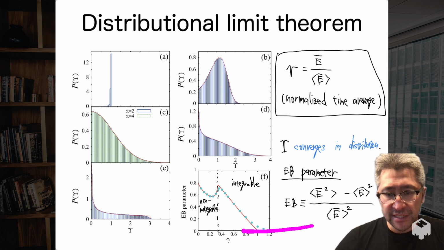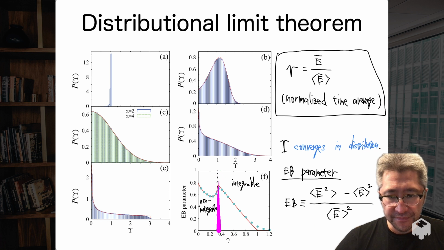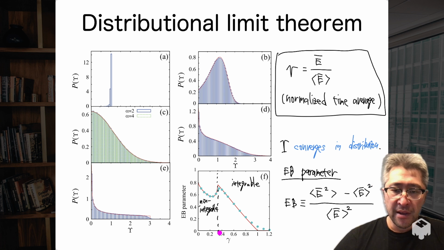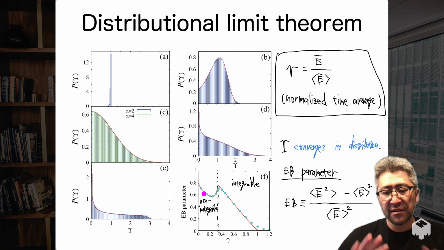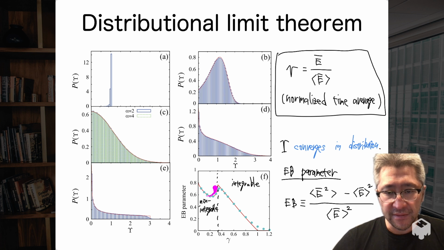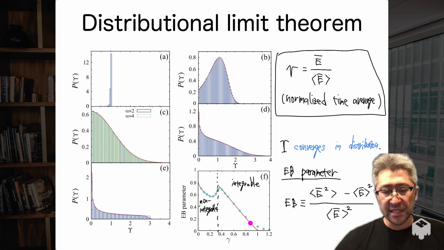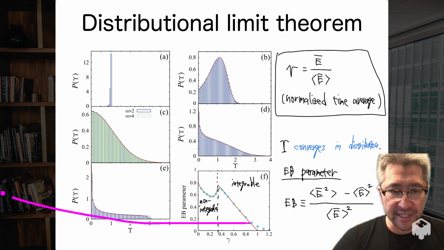Here gamma is 1/3. So there is a transition as I explained. Here is integrable, and here is non-integrable. For integrable and non-integrable, the EB parameter shows different behavior. So we found some transition of ergodicity in this laser cooling process.